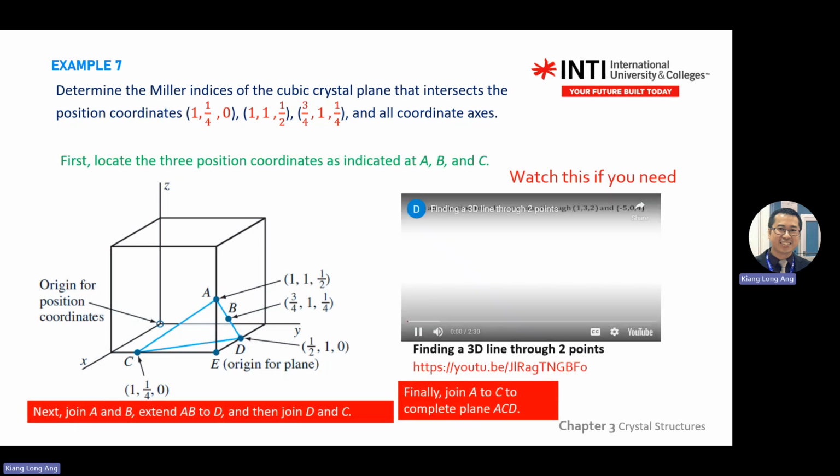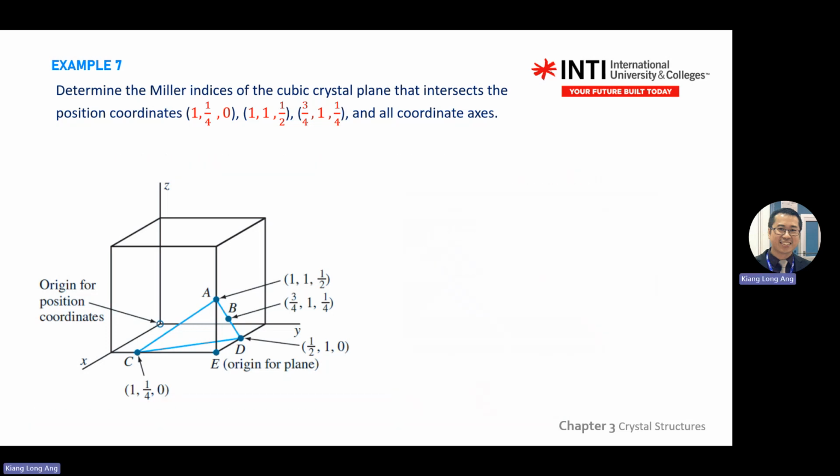Basically you do the prediction of the third point. This one I skip, but I want you to learn about the procedure or the principle of solving this. So basically you get the 3 points, then you predict the third point, connect them, then you get a plane like that.